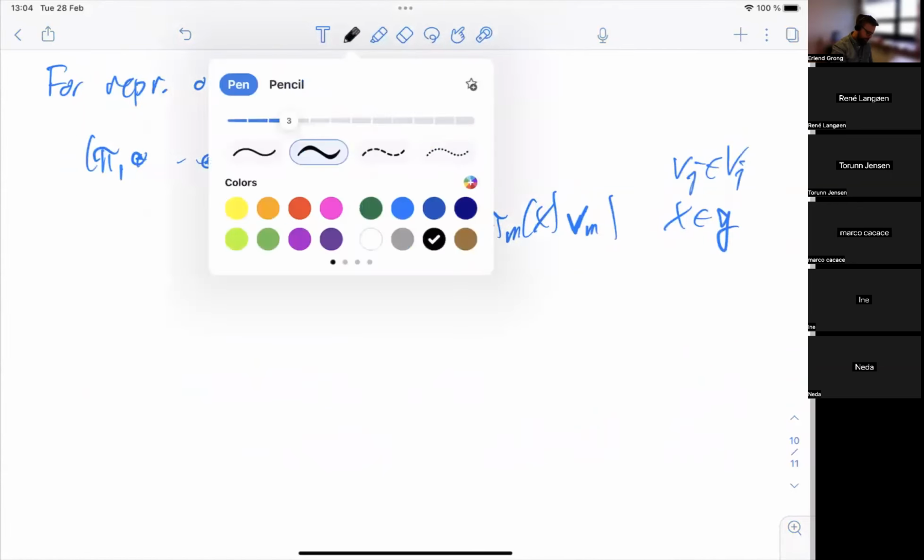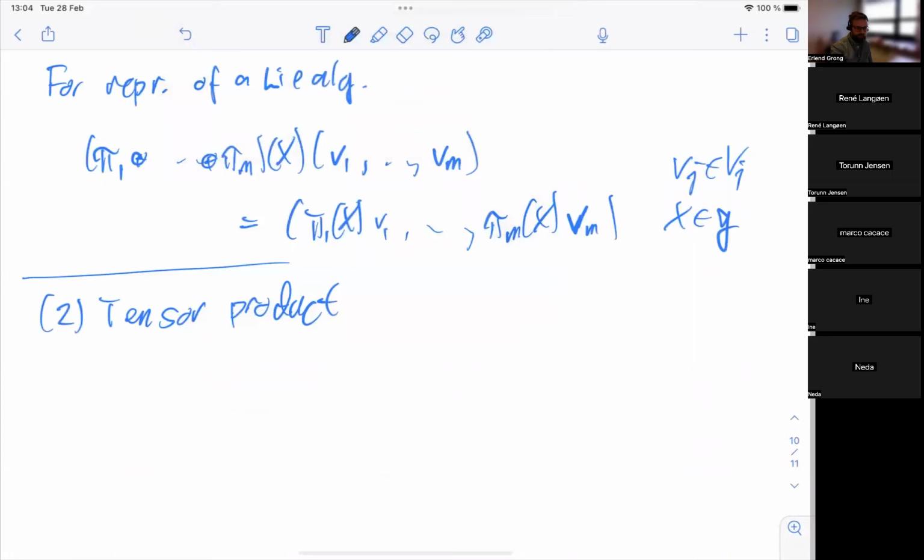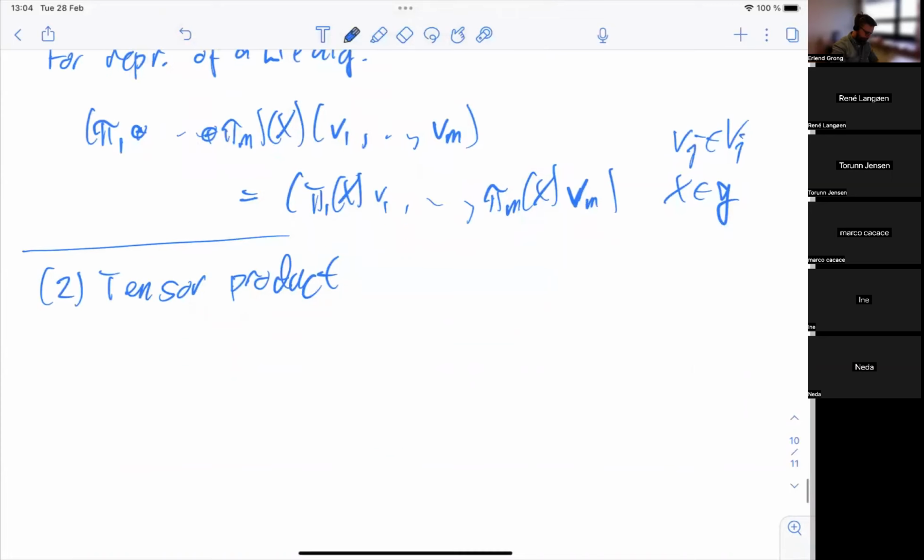So next thing we have, tensor products. So what are tensor products on vector spaces?